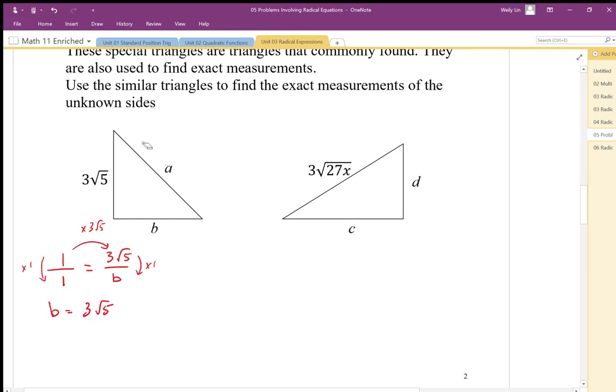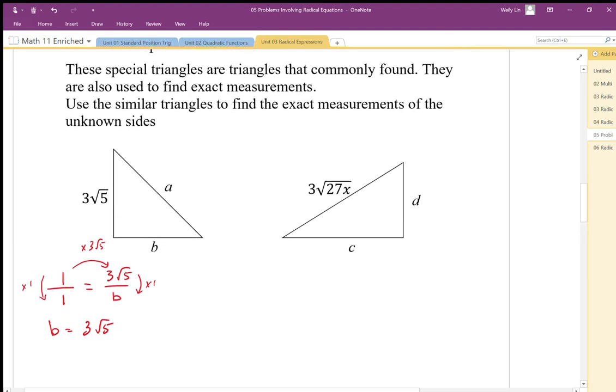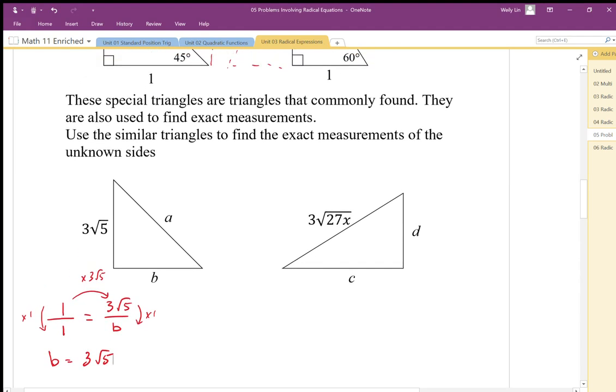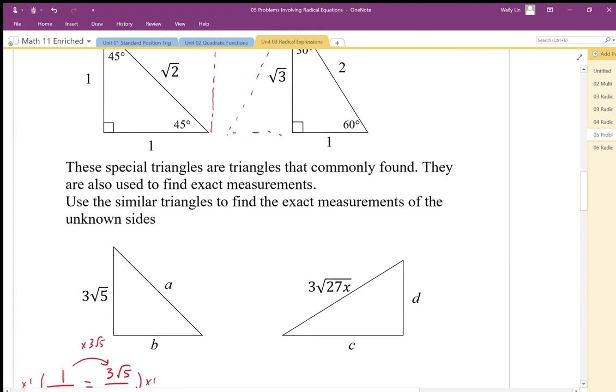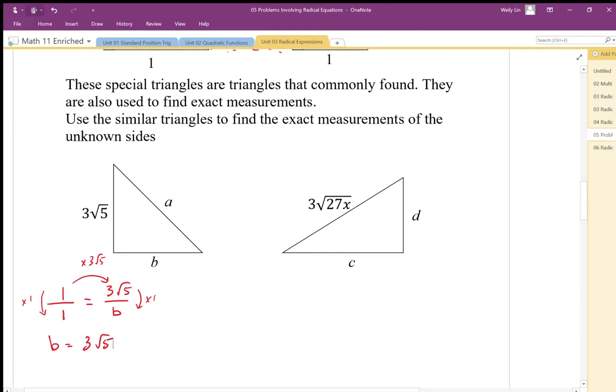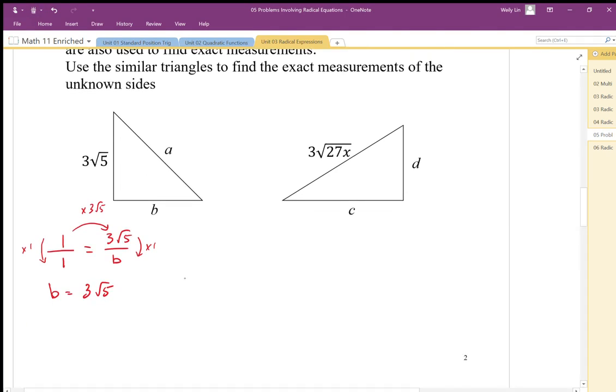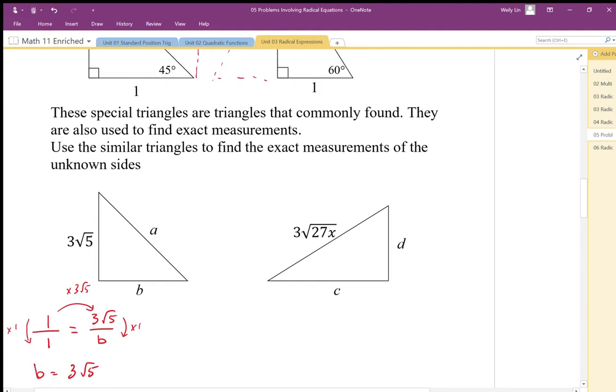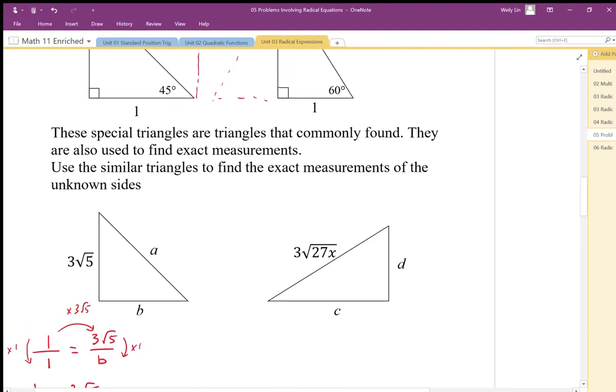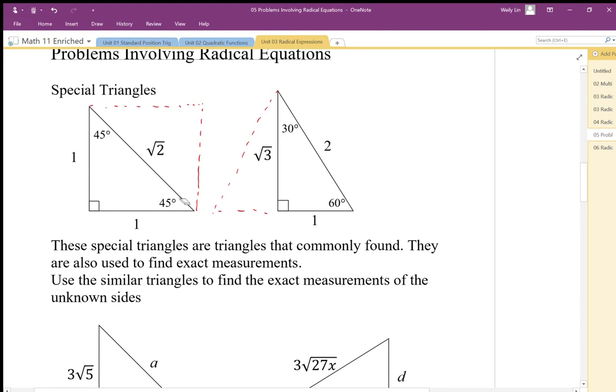So here we can solve for a using Pythagoras. We can use the scale factor ratio of times by 3 root 5, or we can use a trig ratio. So I want to use a trig ratio again to do this. To solve for side A, I'm going to use the ratio 3 root 5 to a is equal to 1 to root 2. So the vertical side to the hypotenuse is the same as the vertical side to the hypotenuse.